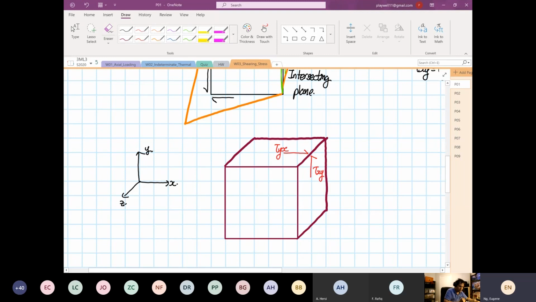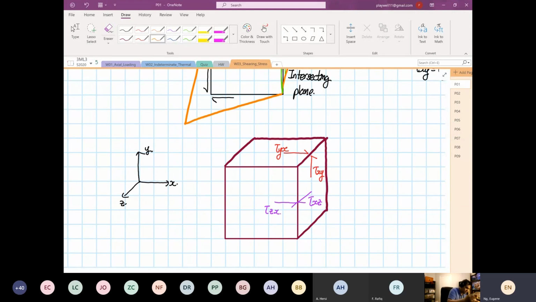And then if I'm going to label the other side, so we are going to look at this direction now. So this is the shear acting on the plane X intersecting plane in the Z direction. So the other side is shear Z, and this is X direction. And then the last one.